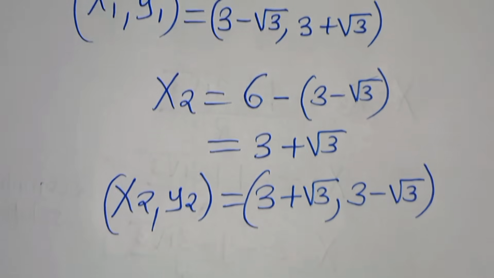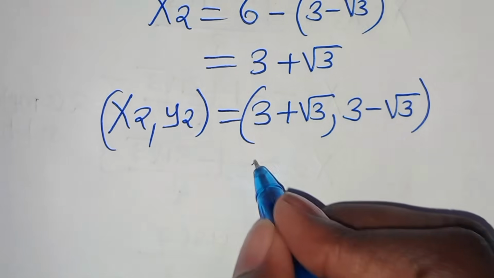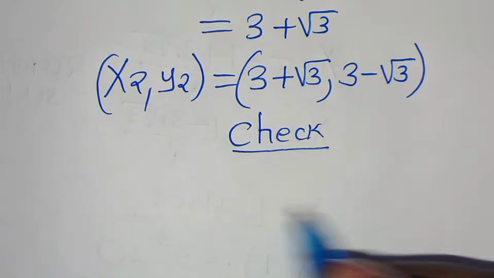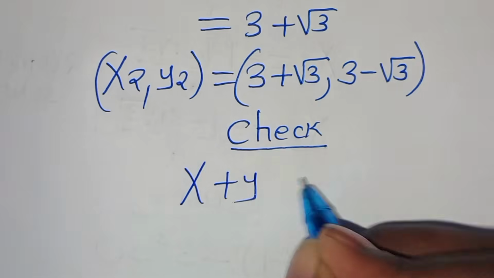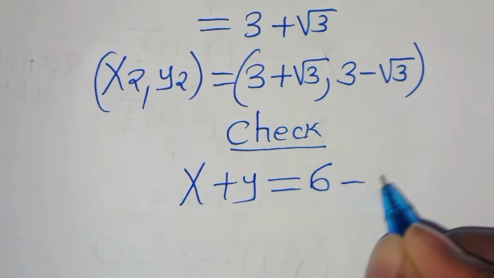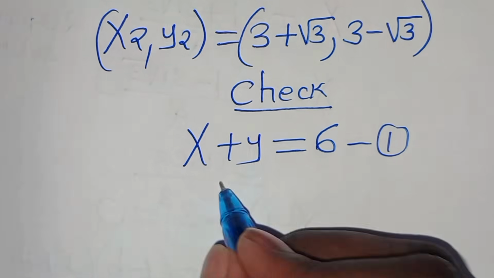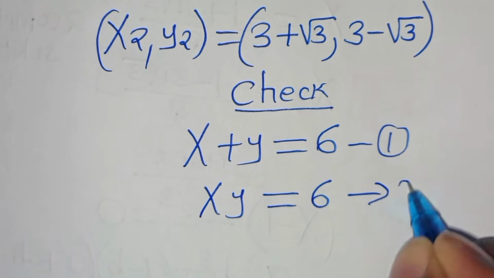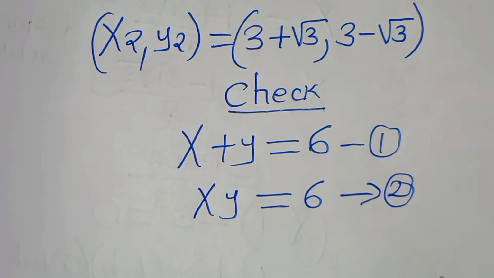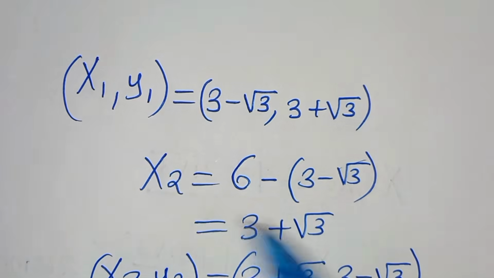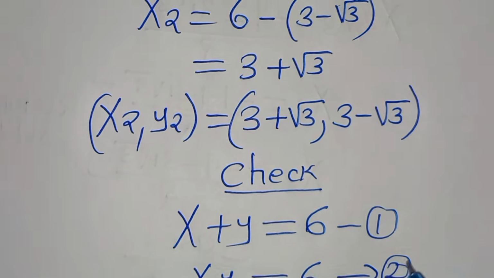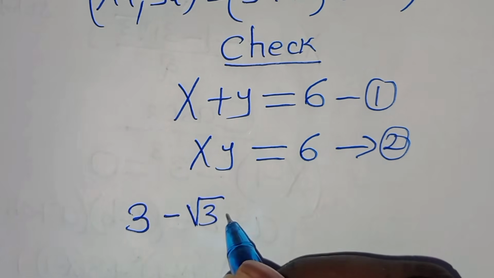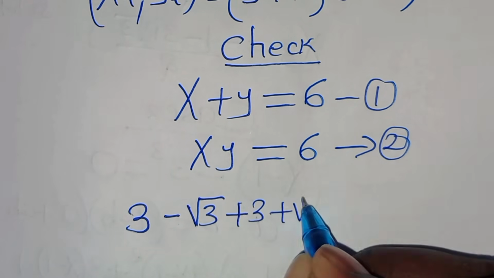Now the next step is to check if these two sets of solutions satisfy the equations. We have x plus y equal to 6, this is equation 1, and x multiplied by y is supposed to give us a value of 6, this is equation 2. Now let's check x1, y1 by using equation 1. So we have 3 minus square root of 3 plus 3 plus square root of 3.